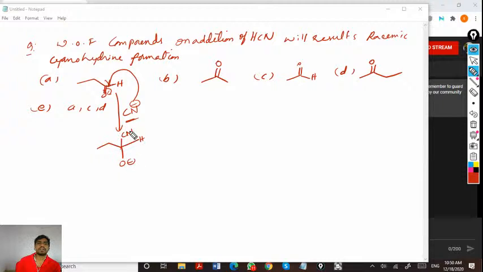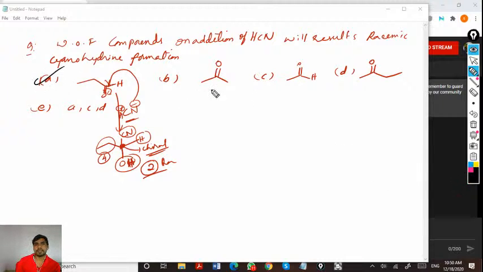Okay. So H plus will be attacked by the O minus, it becomes OH. So this carbon center has four different groups. So when it has four different groups, it is a chiral center. So if it is chiral, it's going to give two molecules which are in racemic mixture.